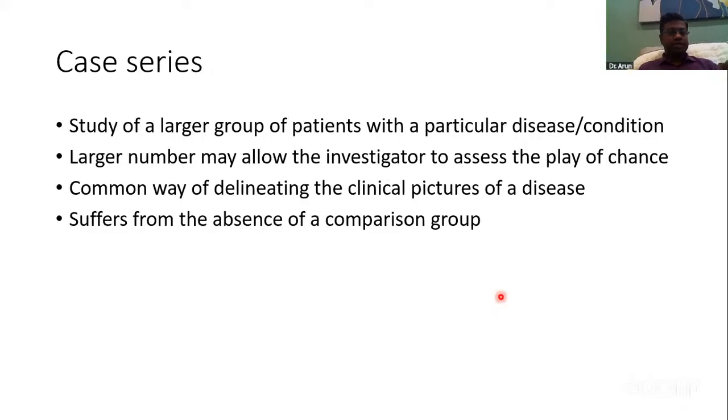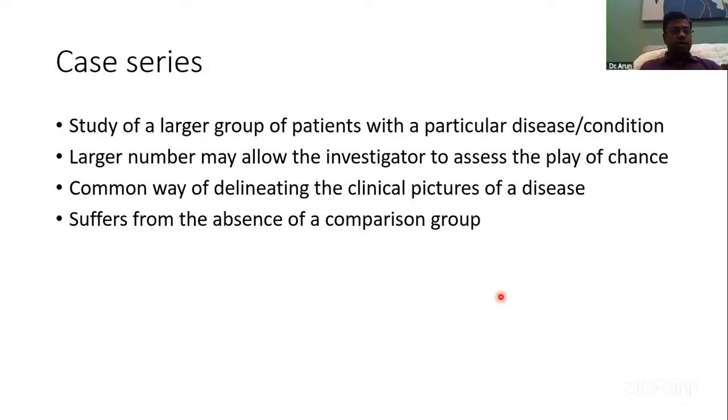Next, coming to case series, it is a step ahead of case report. In a case report, we study a single case in detail. Whereas in a case series, the group of patients increases slightly, to larger groups, maybe 5, 10, like that.